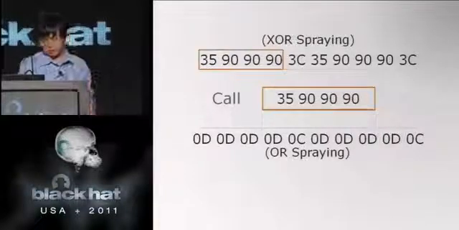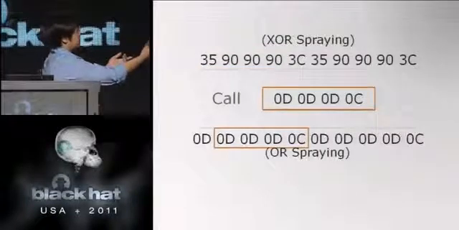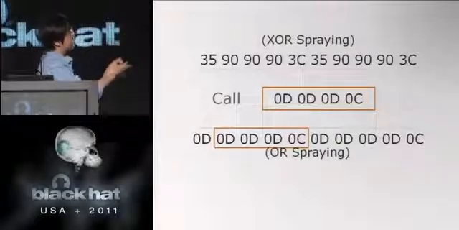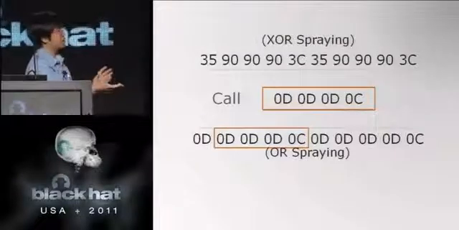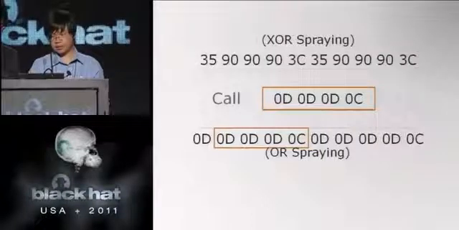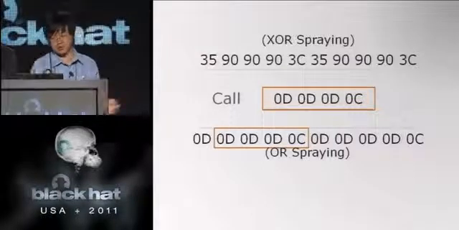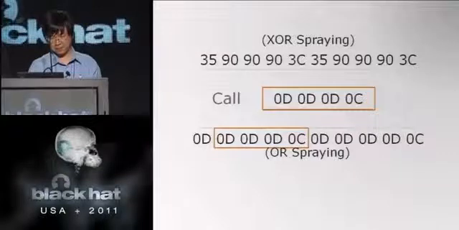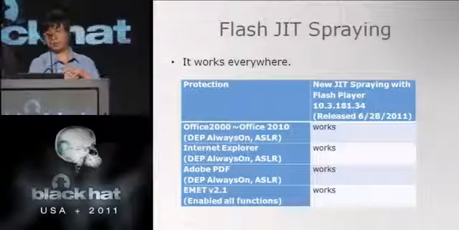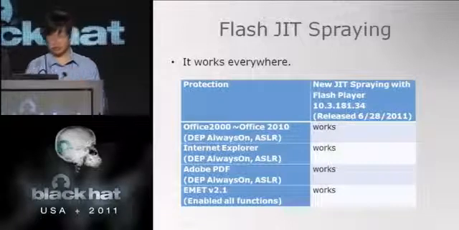If we use OR, the value is much simpler for us. The destination will start with 0D or 0C, and that area is easier to spray. I know maybe this is not easy to understand. Just remember, when you are testing flash JIT spraying, use OR. Our flash spraying can defeat all protections, even EMET version 2.1.